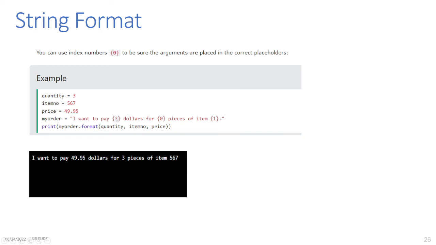That's why I put 2 here, because I want the price to appear in this placeholder. I put 0 here because I want quantity in this placeholder, and 1 here because I want item number in this placeholder. So the output will be: I want to pay $49.95 for 3 pieces of item 567.